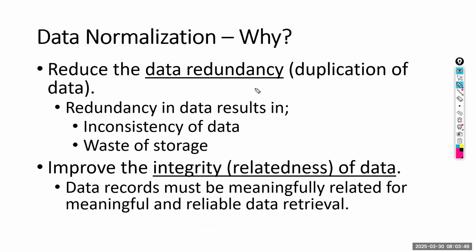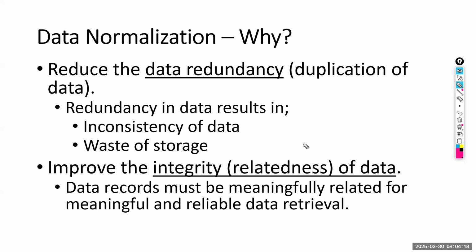Why is it bad to have the same data in multiple places? Two reasons. One is it takes additional storage, because the same data is in two tables or three tables. The second issue is it makes the data inconsistent. Sometimes you update one table, but not the other places, because the same data is in multiple places.